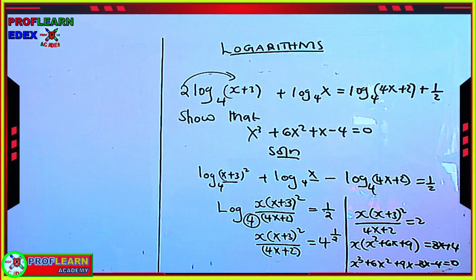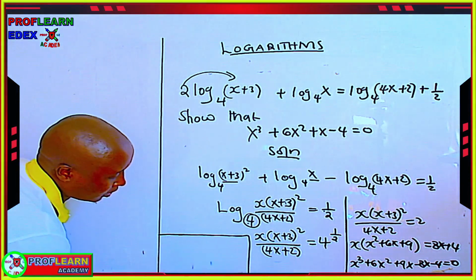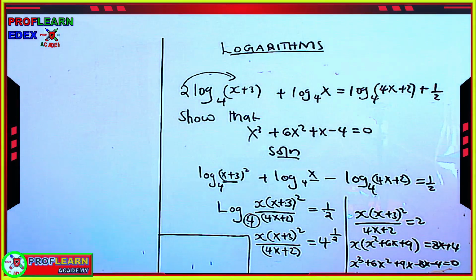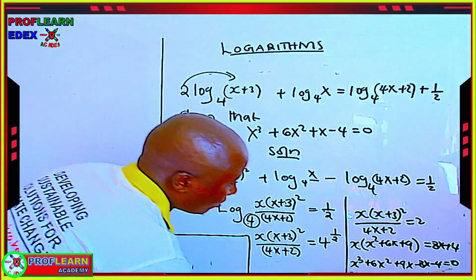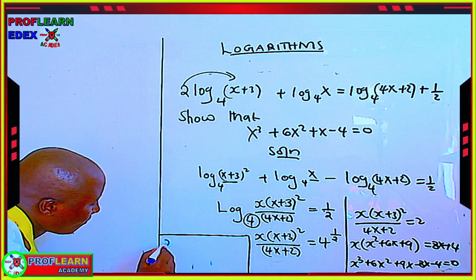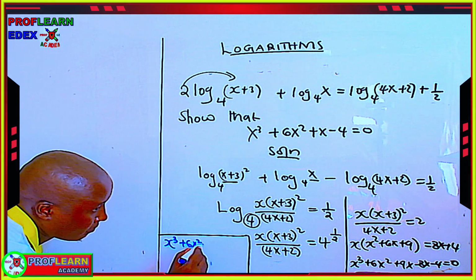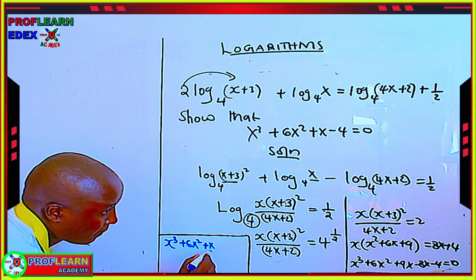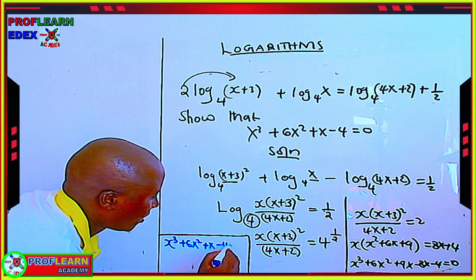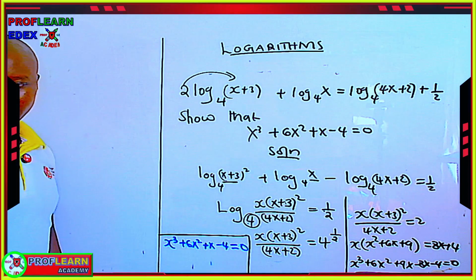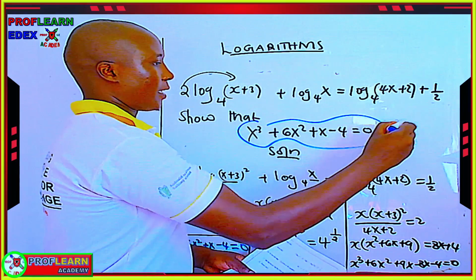If I simplify my equation, it reduces to x power 3 plus 6x squared plus x minus 4 equals 0. And that is exactly what we were supposed to show at this point.